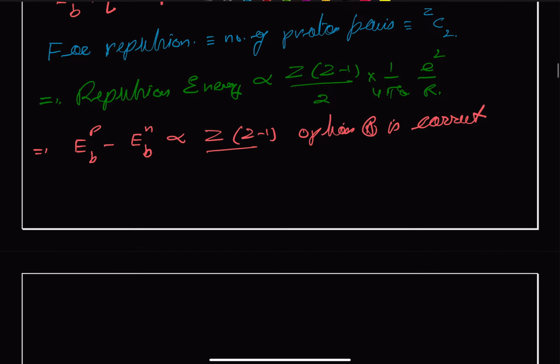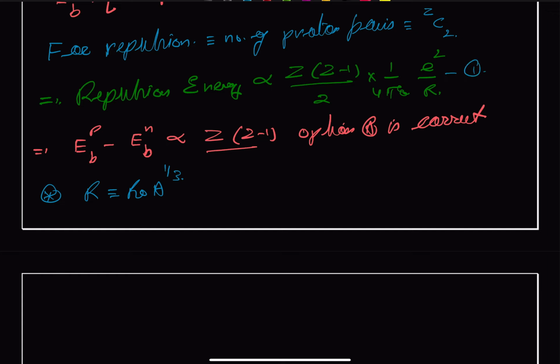And we also know that the general formula for the radius of nucleus, that is R, is equal to R naught A raised to power 1 by 3. Let us call this equation number 1.